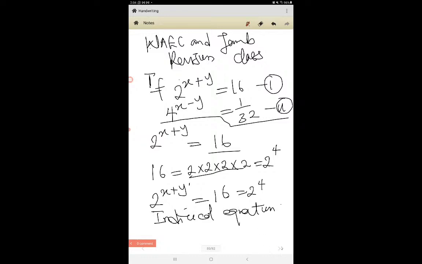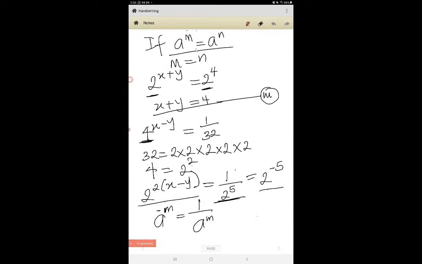So that is how we use this law, that if a raised to power m is equal to a raised to power n, since they have the same base, then m is equal to n. So that is the reason we now have x plus y is equal to 4.